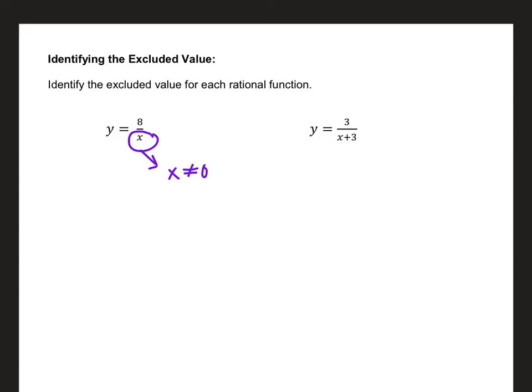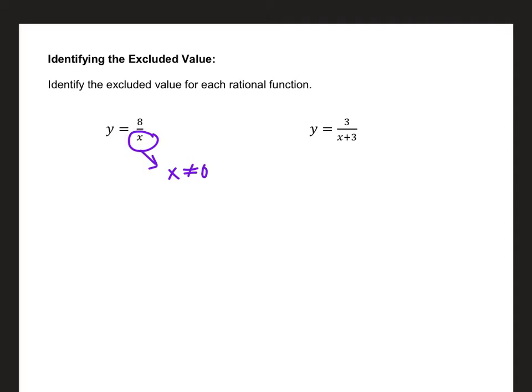Okay? So now let's take a look. We have x. If there's any solving to do, we would solve that. When I put does not equal, that's indicating we have to exclude, or let x not equal, this value. So x does not equal 0. 0 is the excluded value.